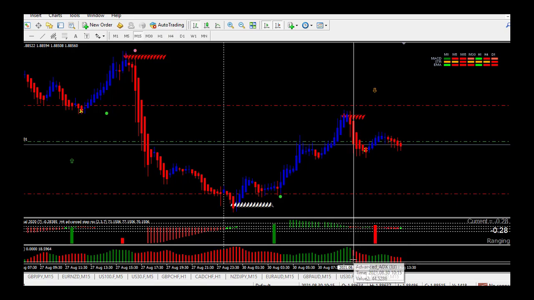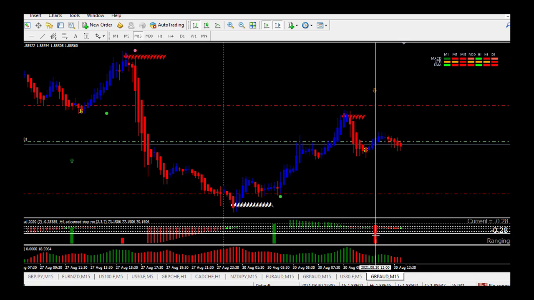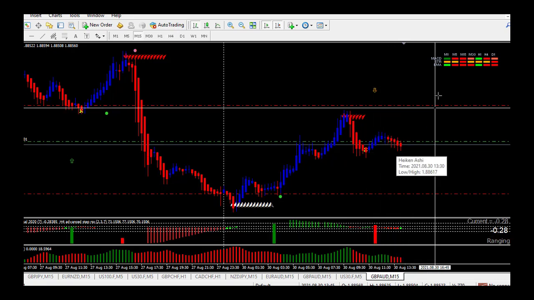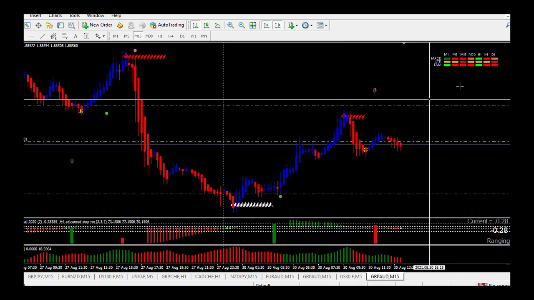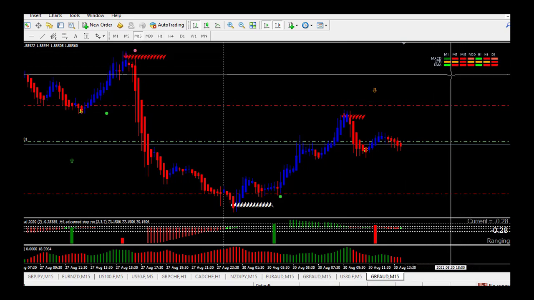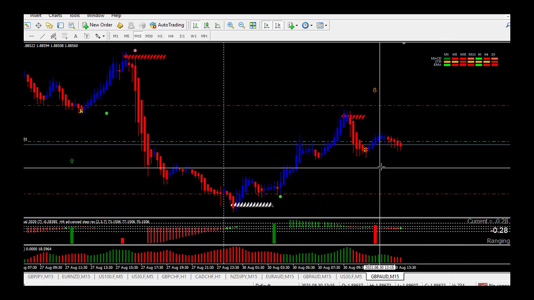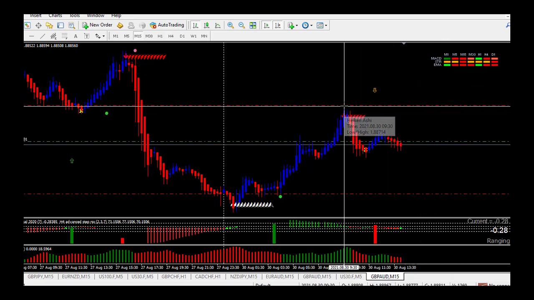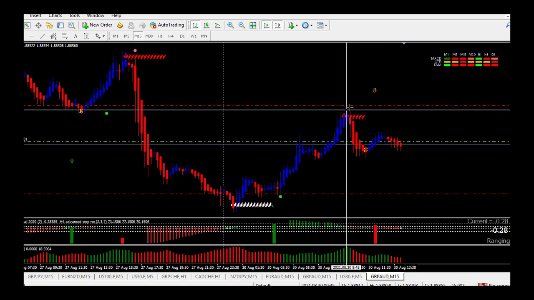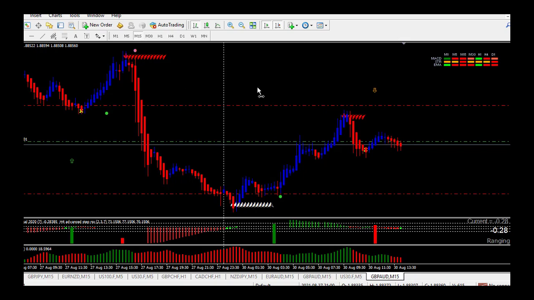Then wait for the advanced ADS to be in agreement and this indicator to be in agreement. Then you can wait for this to be in agreement also. Once all these are in agreement and most of the time frames here are red also for a sell trade, then make sure you place your trade and put the stop loss a few pips above the previous high. And that's why you have my stop loss here. So that's how to use this strategy.